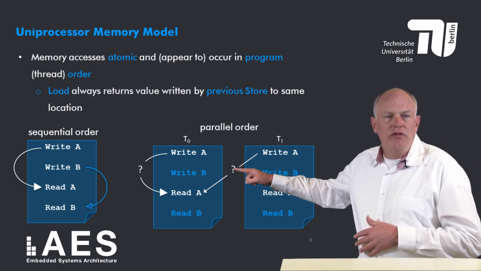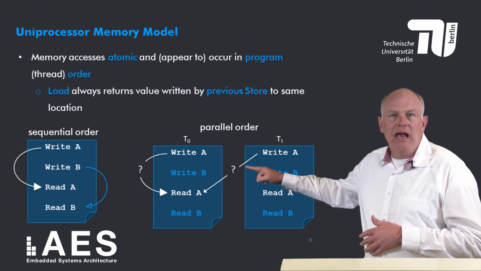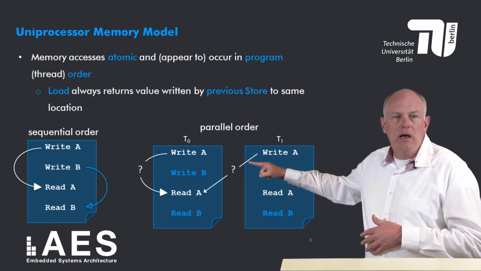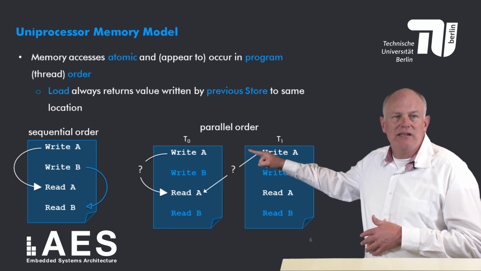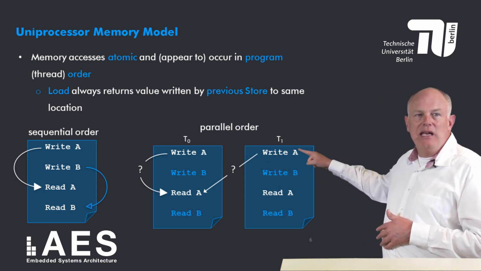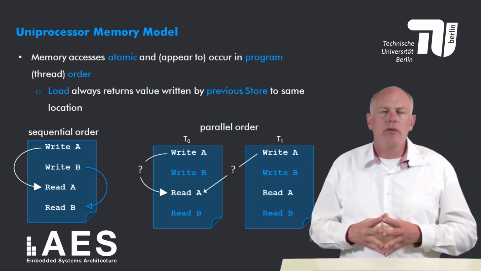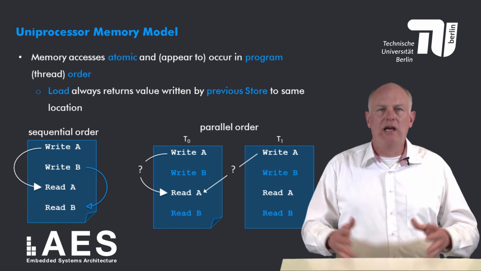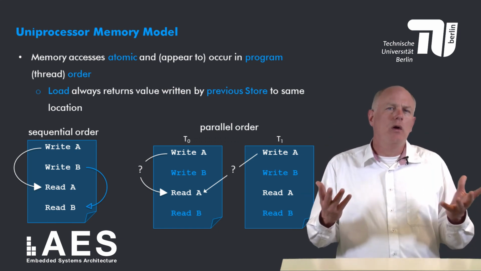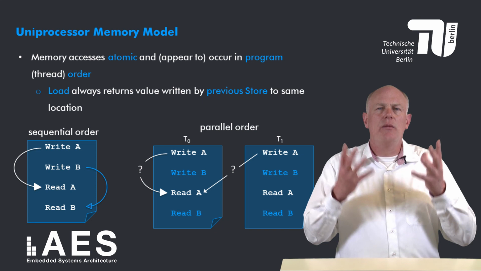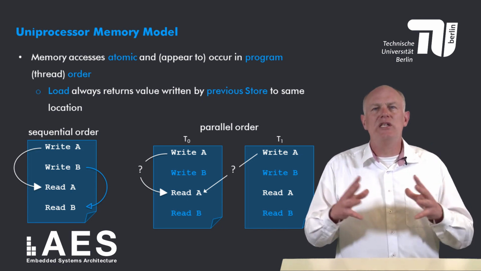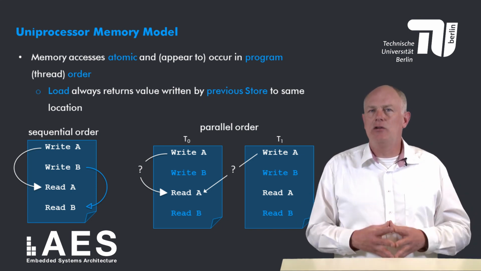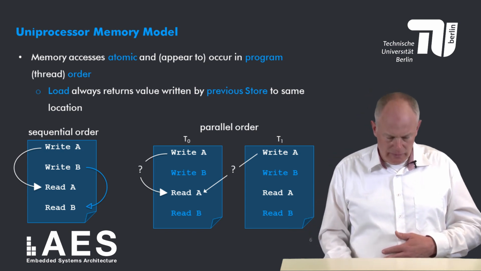The read of this A here in thread T0 may return the value written by the same thread or the value written by the other thread T1. Furthermore, the program has to be correct in all cases. So we conclude that the uniprocessor, the beautiful, simple to understand sequential memory model, cannot be adopted for parallel processors.